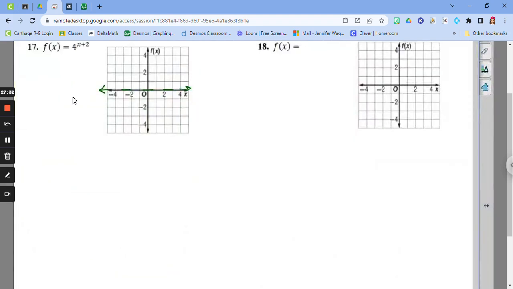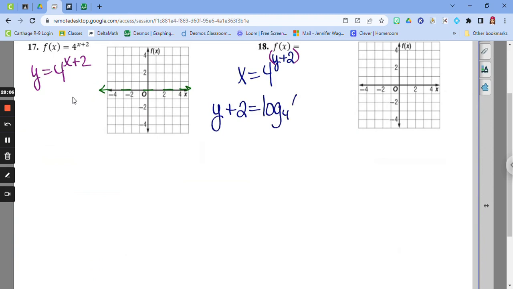Look at writing that inverse. Here's the exponential equation. There's nothing added after that base. It's all in the exponent. So at this point, we can rewrite it as a logarithm. All of that is the exponent. So that becomes y plus 2 equals log base 4 of x.